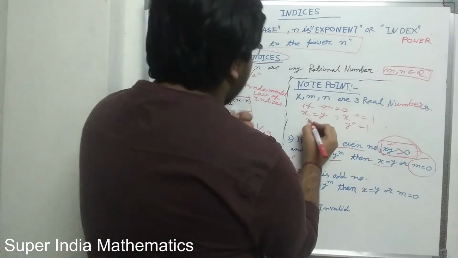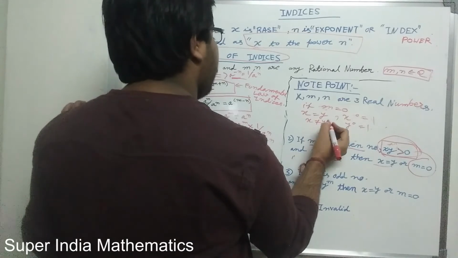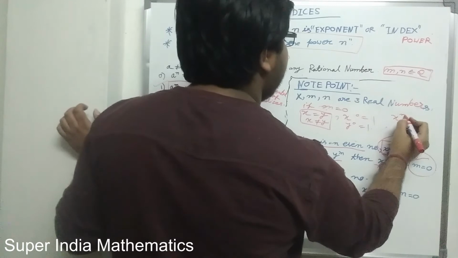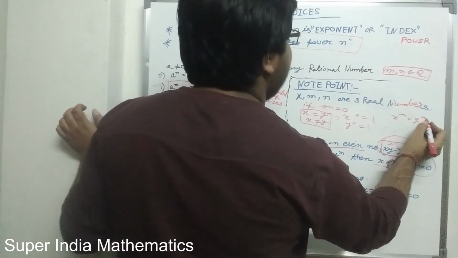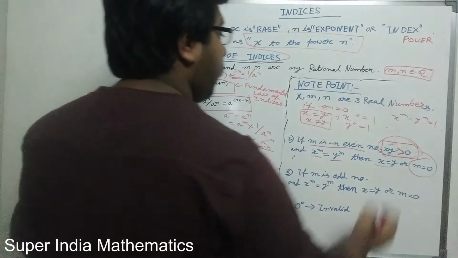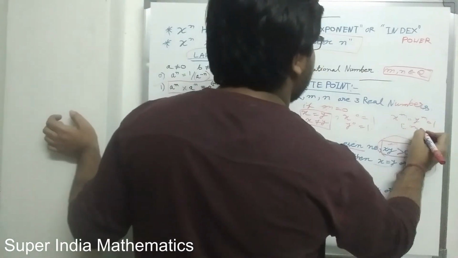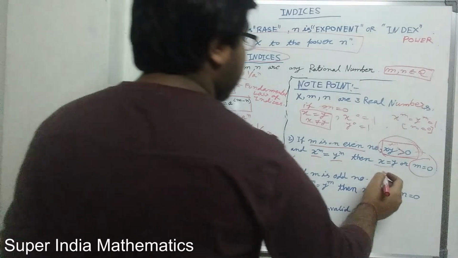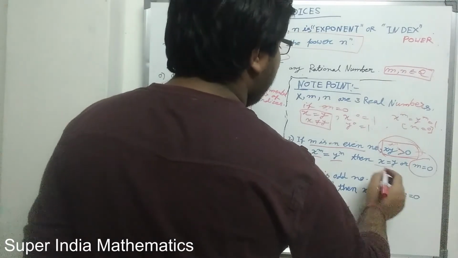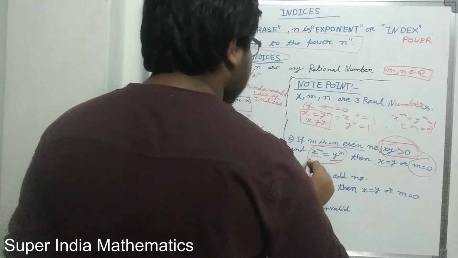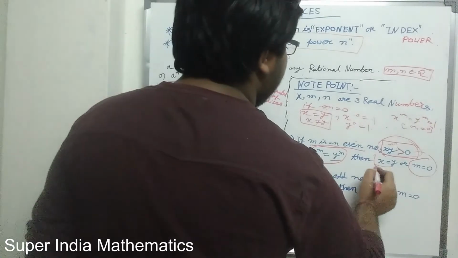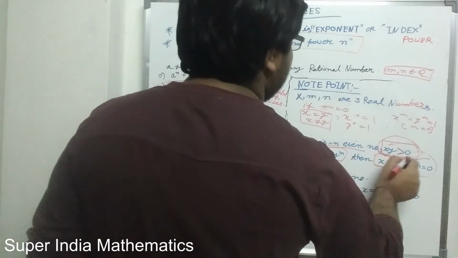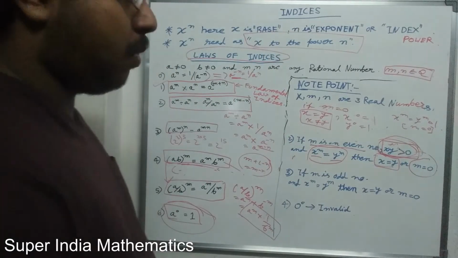Then we can't say x equal to y or x not equal to y. In both cases, x to the power m equals y to the power m equals 1 when m equals 0. For this case, if m not equal to 0, then x and y should be equal when m is even and x, y strictly greater than 0.